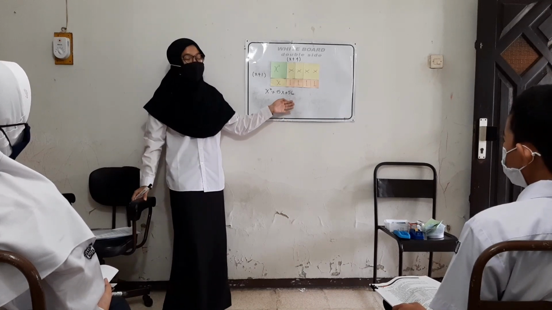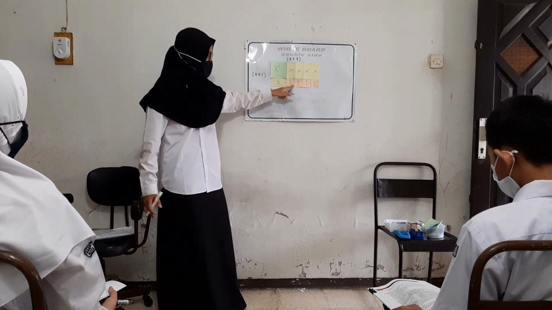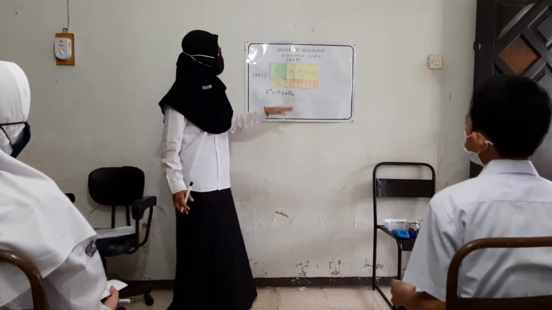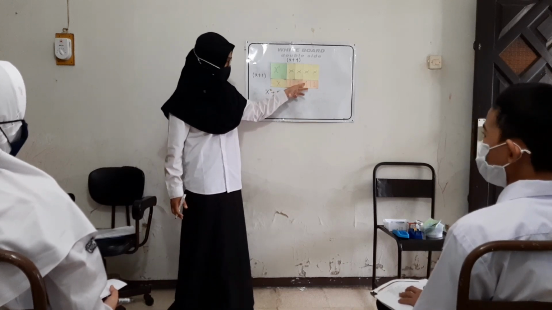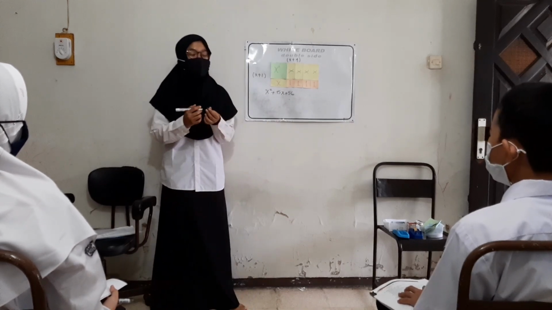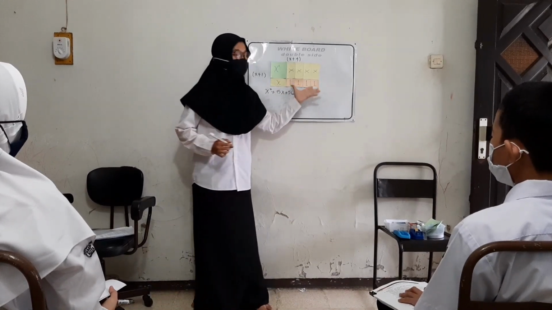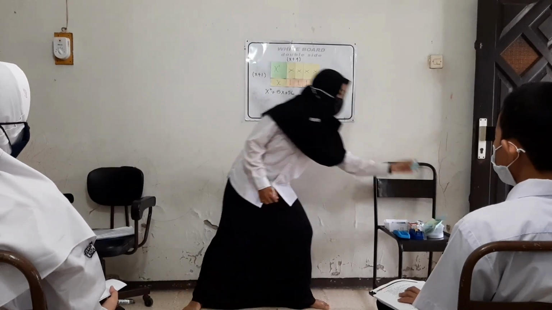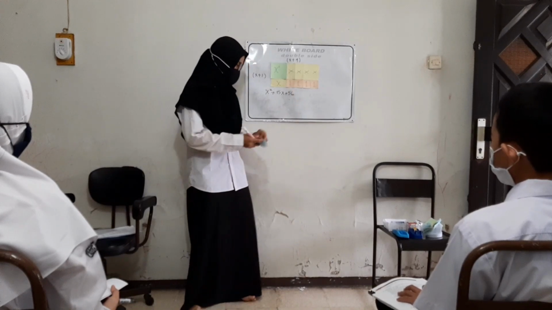If we use algebraic tiles, we must need more of the smallest rectangles. So we need 56 of the smallest rectangles, and it is difficult to make this bigger and bigger.